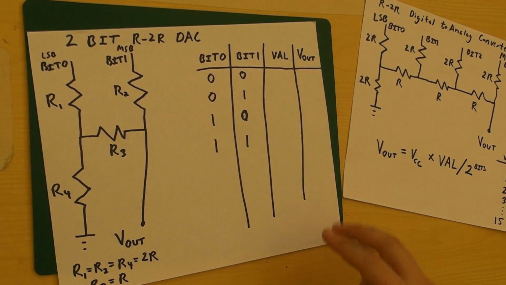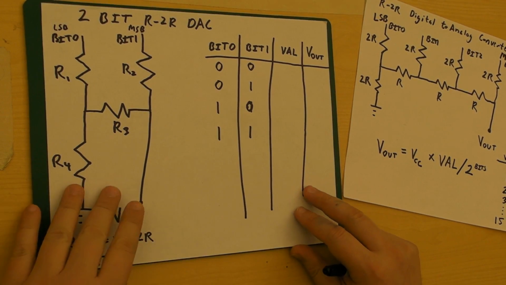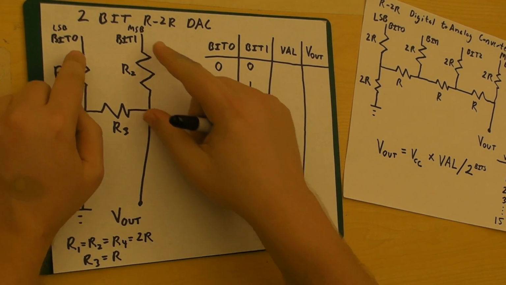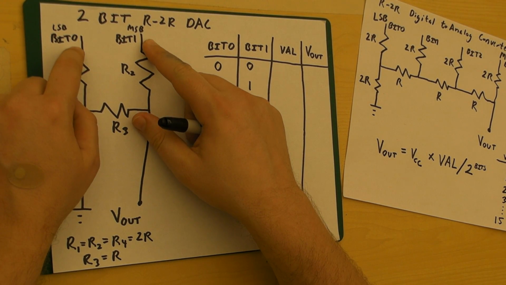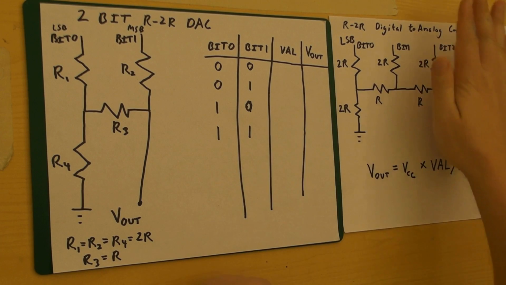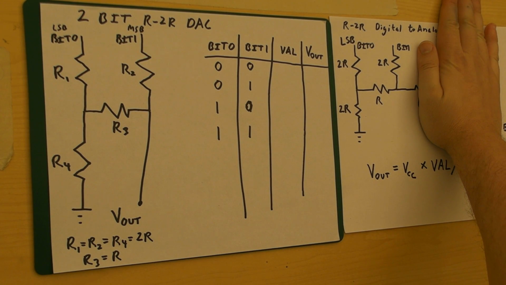Let's look at something a little bit more complicated. Let's look at a 2-bit R2R digital analog converter. In this case, we have 2 bits on our PIC or whatever microcontroller you're using going into the 2 different resistors. Now these are the same resistors here. We're just looking at the last 2 bits of our original circuit.